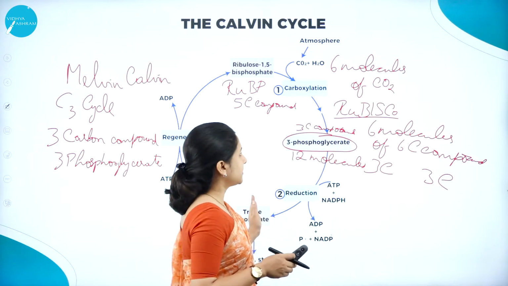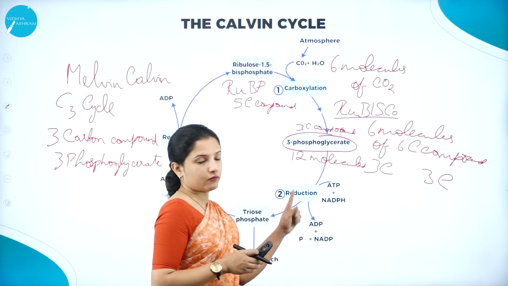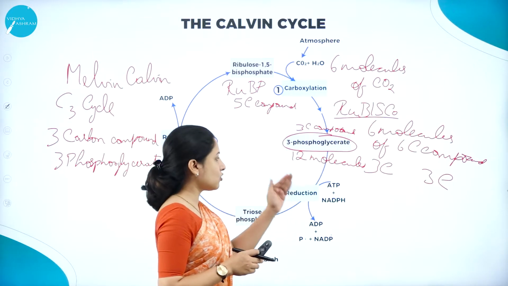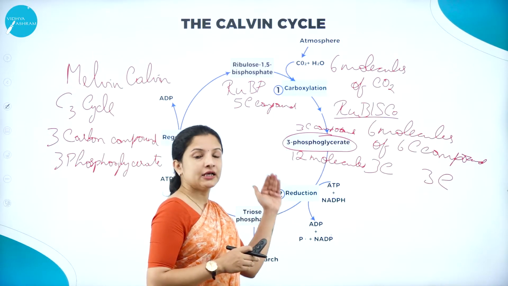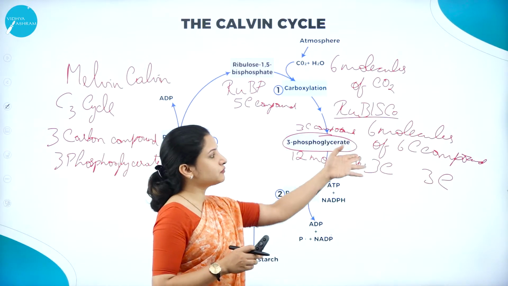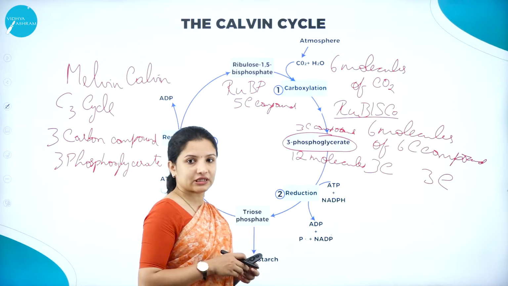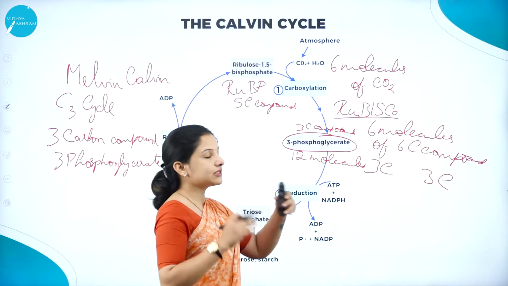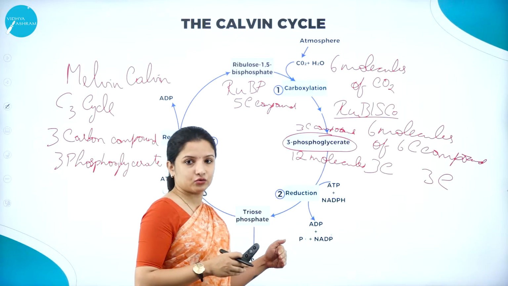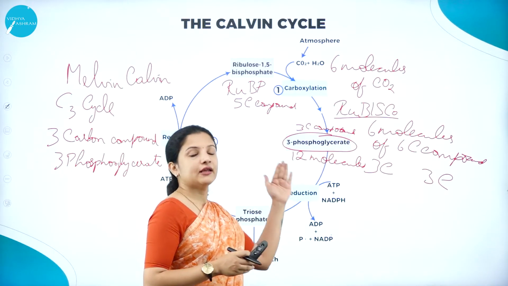So one of the 3-carbon compounds has undergone reduction to form glucose. How many are remaining? Again there are 6 molecules of 6-carbon compound remaining, and each of these has to split and get reduced.